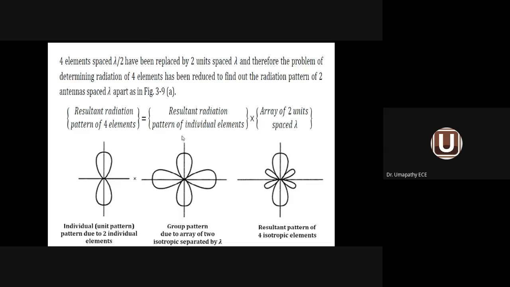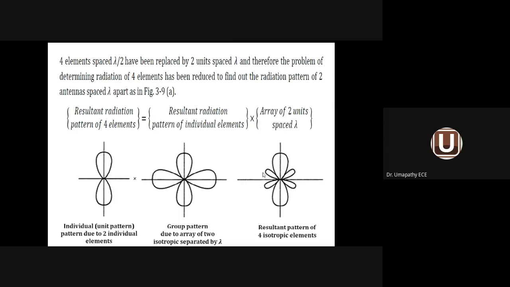You can see the diagram now. Resultant radiation pattern of the 4 element array equals the radiation pattern of the individual element times the array of 2 units spaced by lambda. This one is the radiation pattern of the isotropic antenna spaced by lambda, and this is the radiation pattern of 2 elements spaced by lambda by 2.